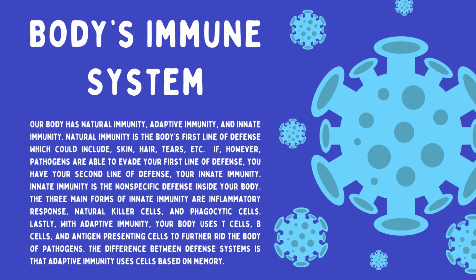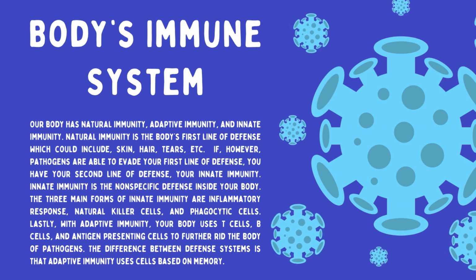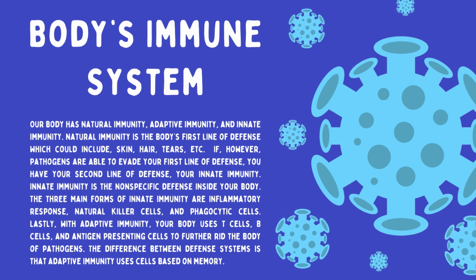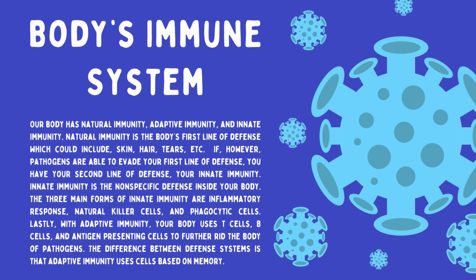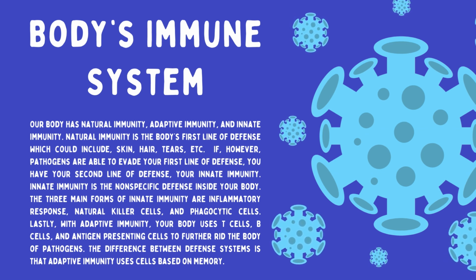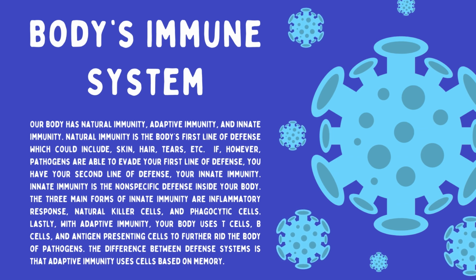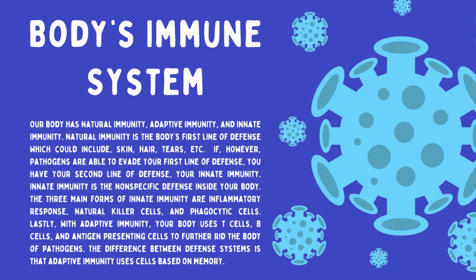So that's going to be any type of foreign molecule that your body sees as a threat. So the cells that are usually going to be seen in our innate immunity are going to be our inflammatory response cells, our natural killer cells, and our phagocytic cells.